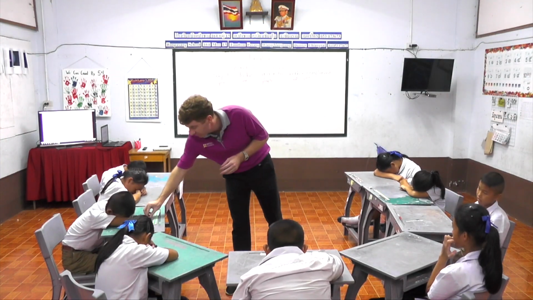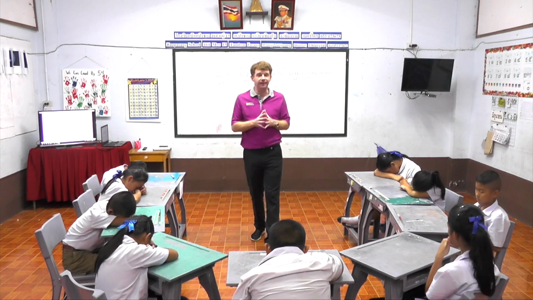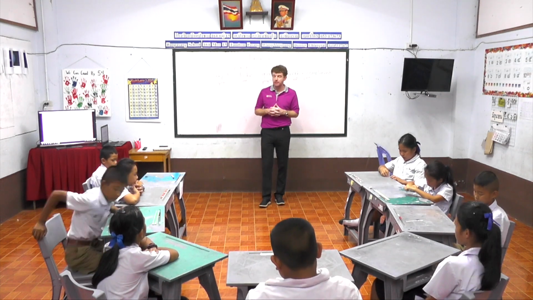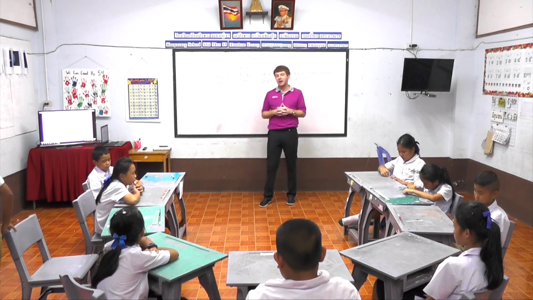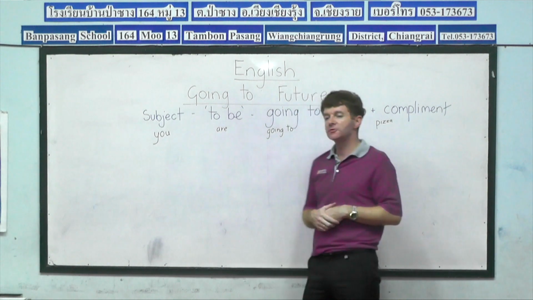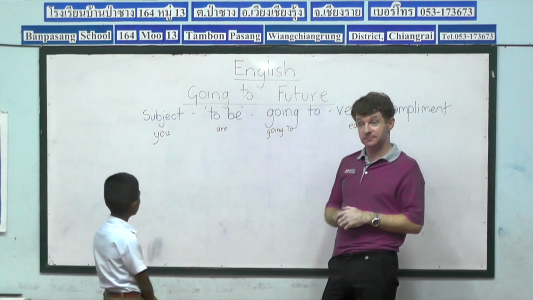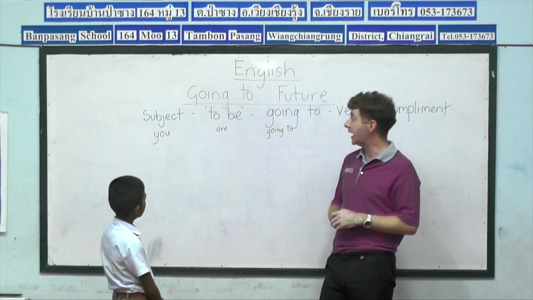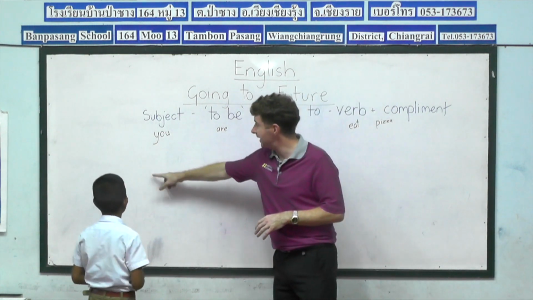Okay, let's open our eyes, guys. Now it's Pat's turn to demonstrate. And what we'll ask Pat to do is to use a different subject pronoun. So how about he? Let's use he. How do we spell he, guys? H-E. So you can write he here.